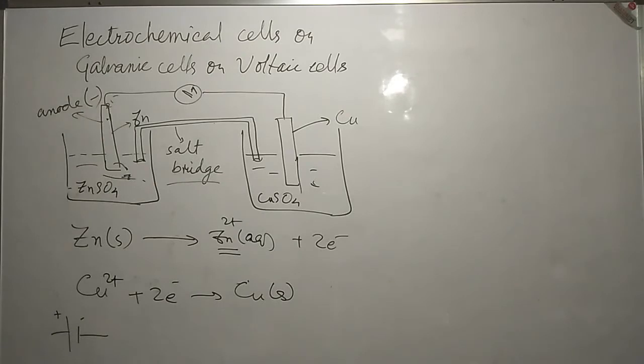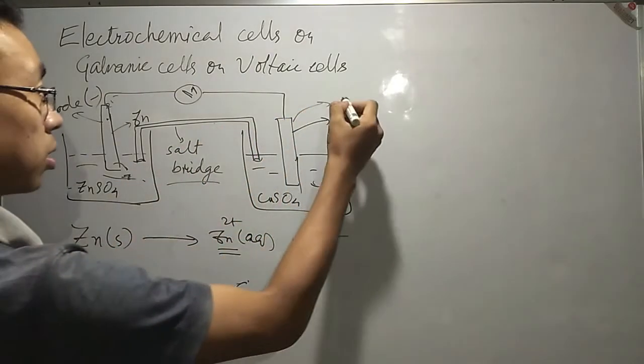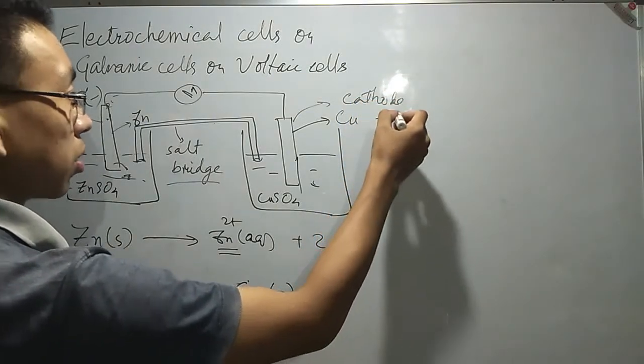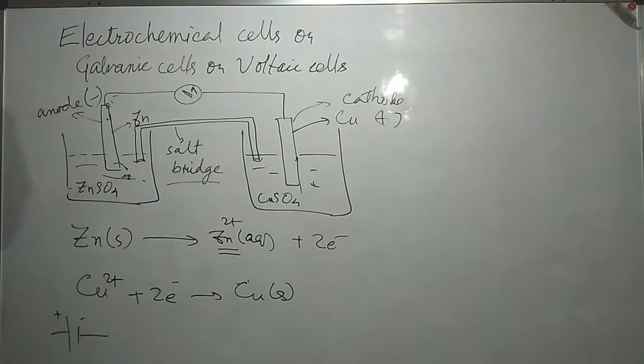Then the copper electrode, where electrons are accepted or reduction occurs, is called the cathode, and we call it the positive terminal.